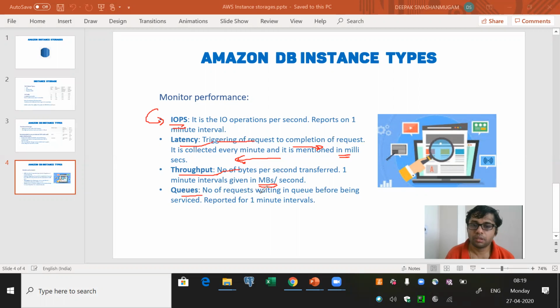This queue is another critical concept to understand in databases. So you have all these wonderful ways to monitor your RDS. Think about how you can use them in your solutions.